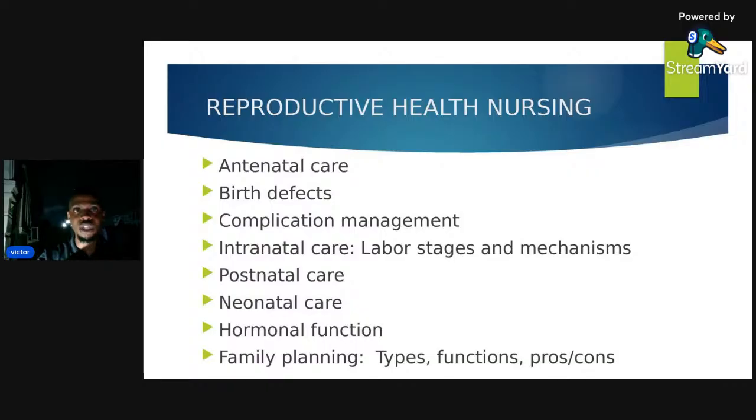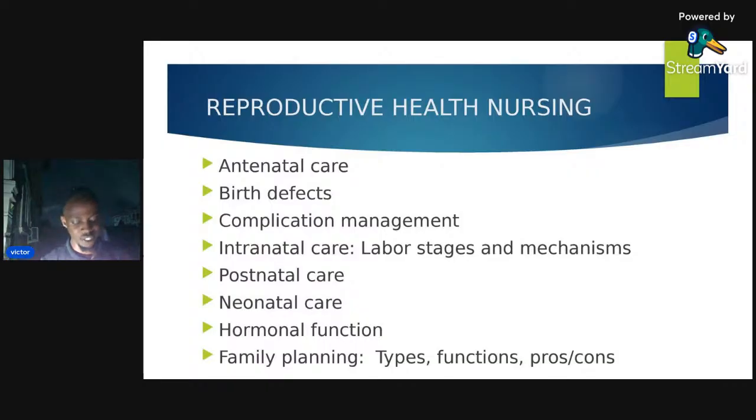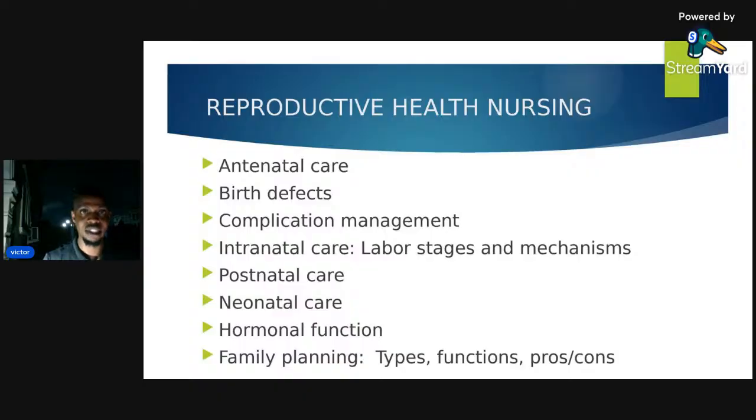The next one I'll be talking about is birth defect. There are several birth defects that may occur and they are mostly congenital. What I mean by congenital is present from birth, and one of these is cleft palate. Cleft palate is an opening in the palate of the mouth. This is the palate, that's the roof of the mouth.